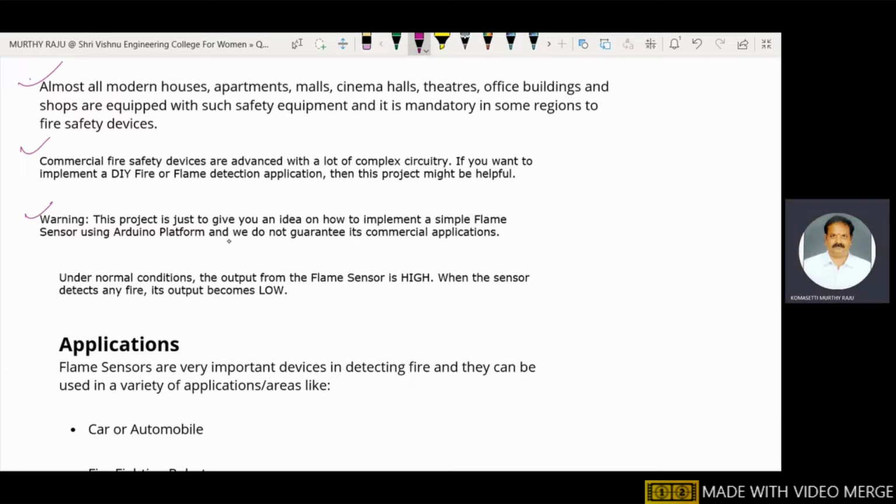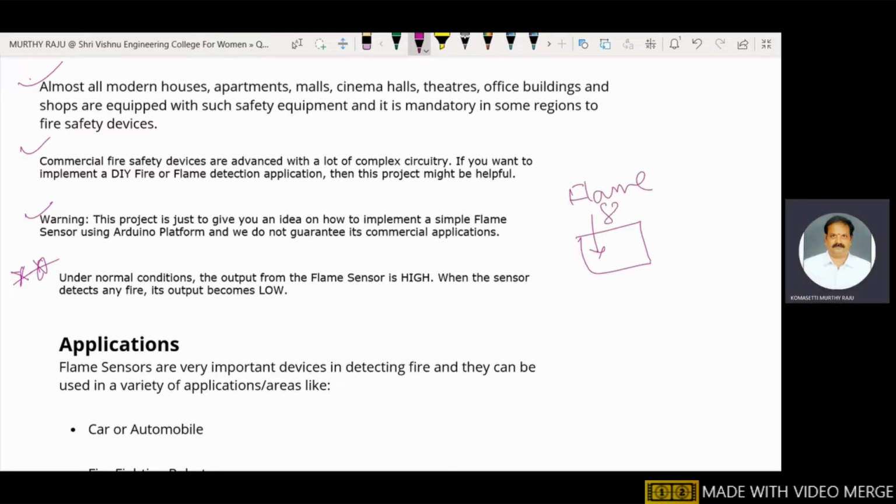A small flame sensor. The distance is very, very small. Some important point here is that under normal conditions, the output from the flame sensor is high. Generally, this is the flame sensor.